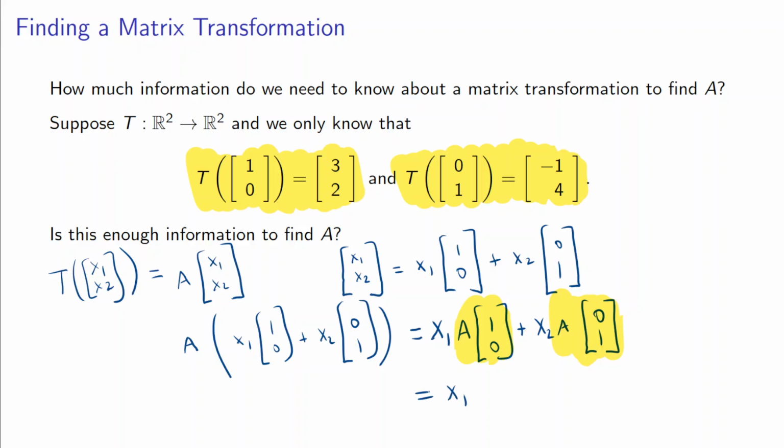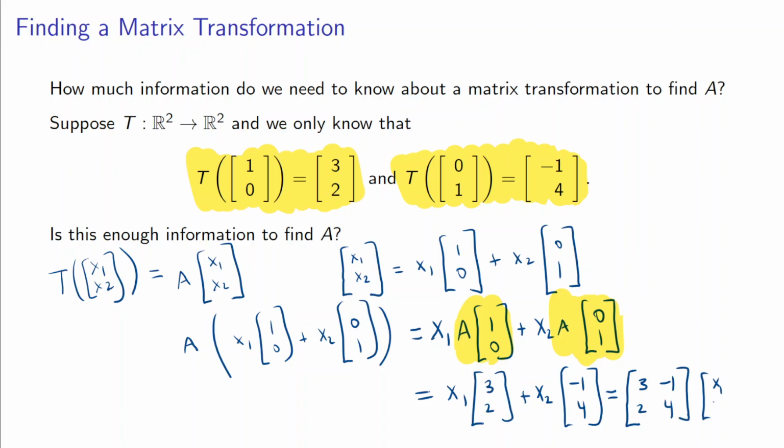So this becomes x1 times (3, 2) plus x2 times (-1, 4). But this is exactly the same thing as taking the matrix whose columns are (3, 2) and (-1, 4), and multiplying it by the vector (x1, x2).